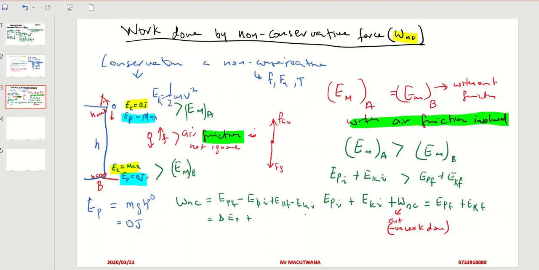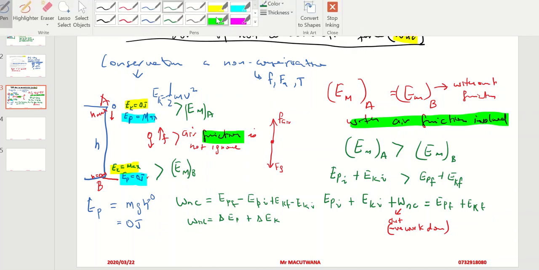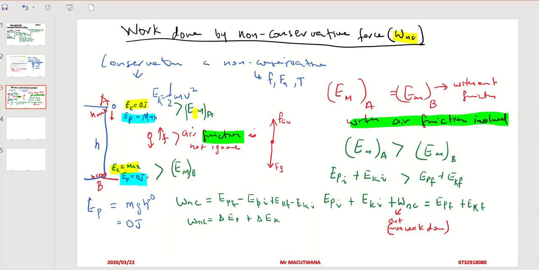So final minus initial gives you a change. So this is change in K, which is equal to WNC. There you are. We have a new formula that we will use when we are working with cases where there are non-conservative forces acting in the system.